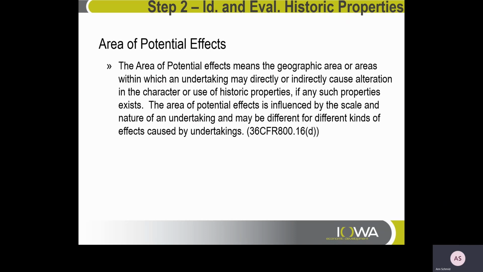However, if we have a program that is specifically limited to the exterior of the house, we now have the potential to affect our neighboring properties based on viewshed or the context within a historic district. So you see how even though our two programs were just rehabilitation, changing it from interior to exterior changes where we look for our area of potential effects.